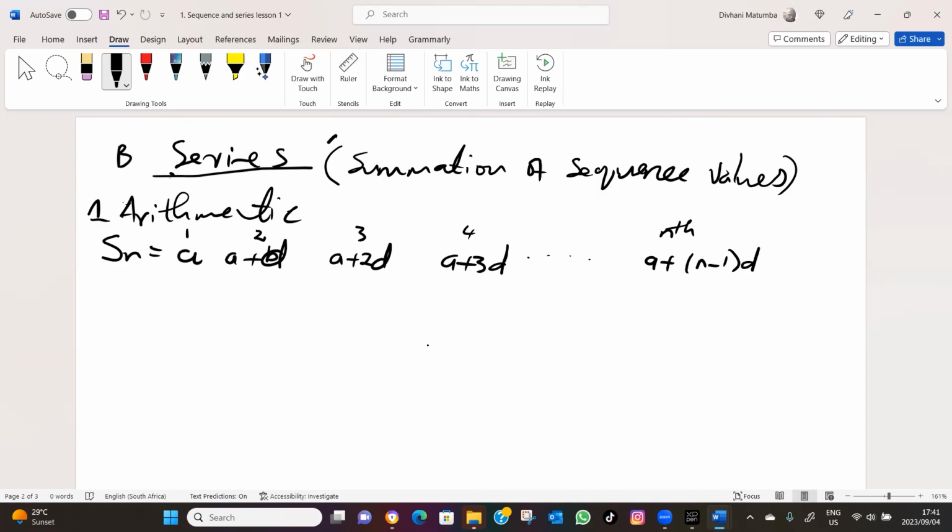If we rewrite the very same equation, but in a reversed manner, we will get the n minus 1 term, we will have a plus n minus 2 times d.